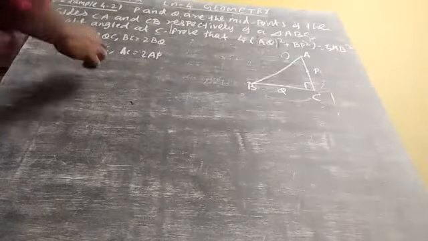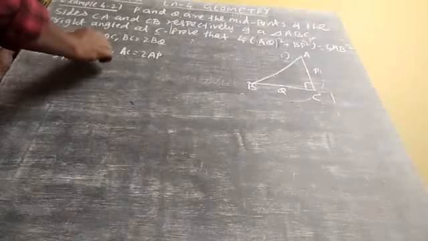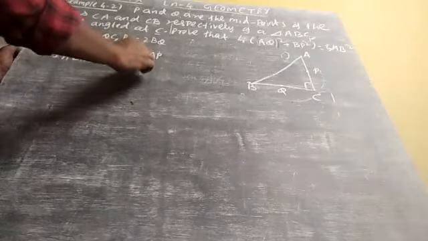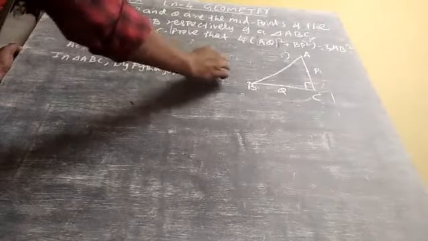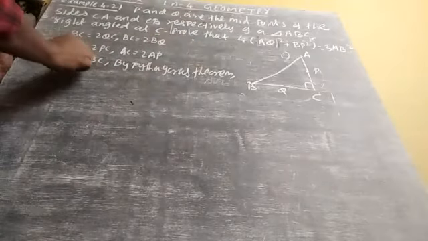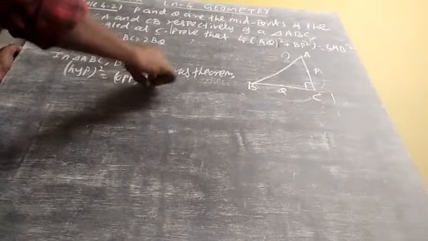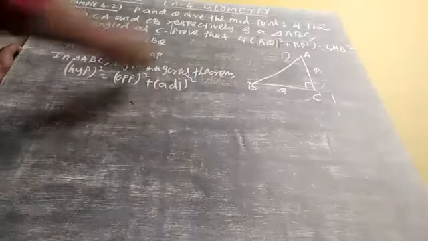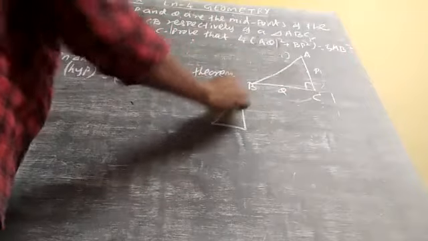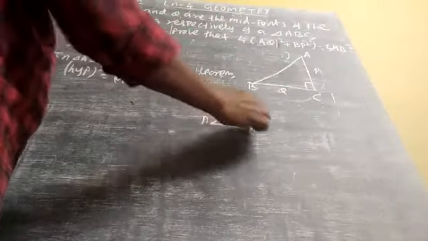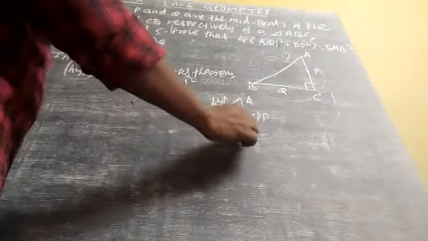Next, in triangle ABC, by Pythagoras theorem, hypotenuse square equal to opposite square plus adjacent square. In triangle ACB, this is hypotenuse, this is opposite, this is adjacent.